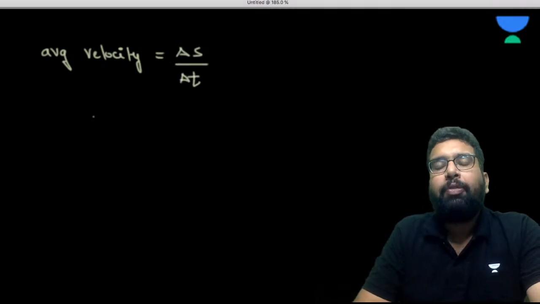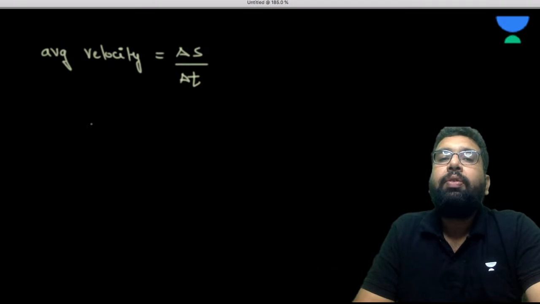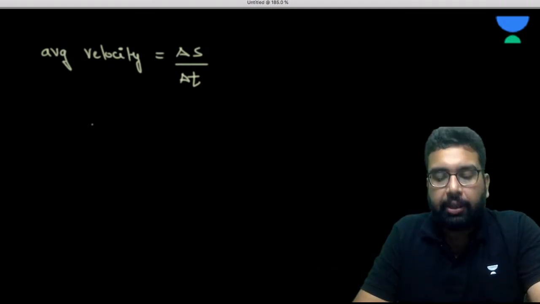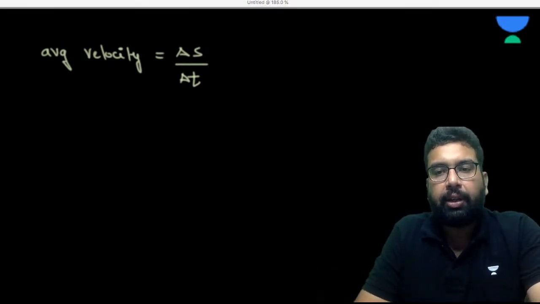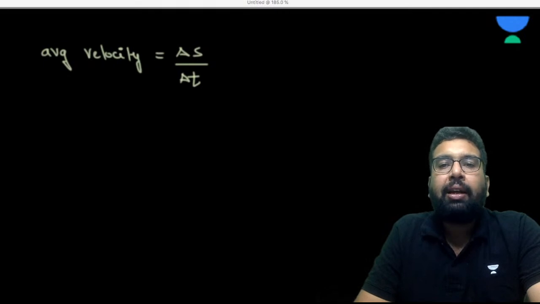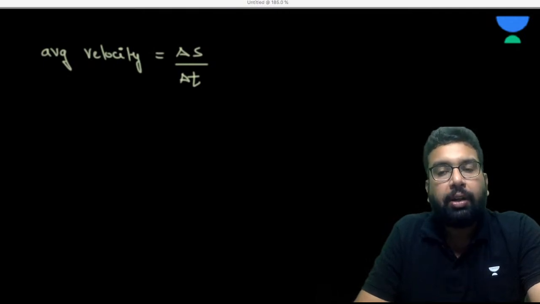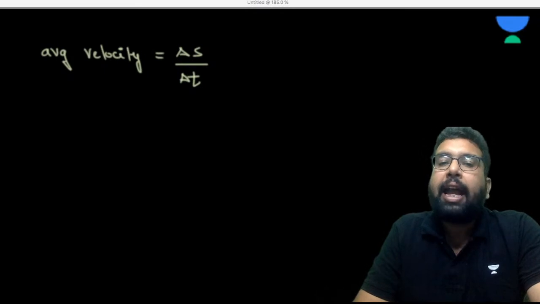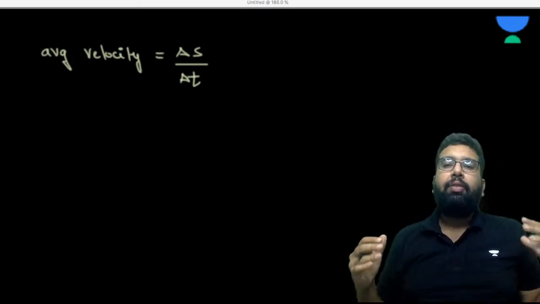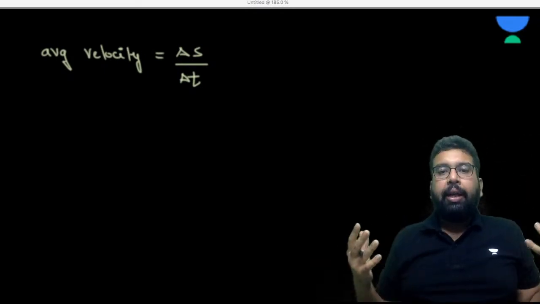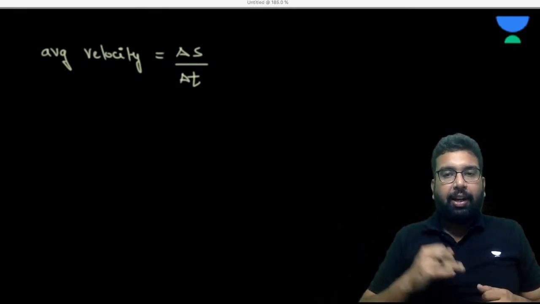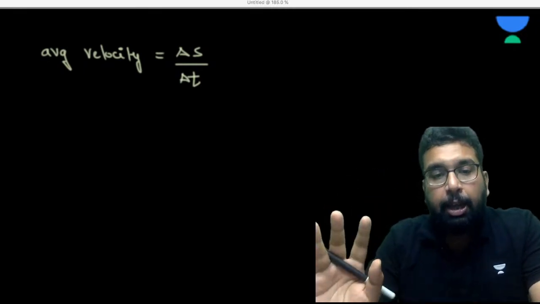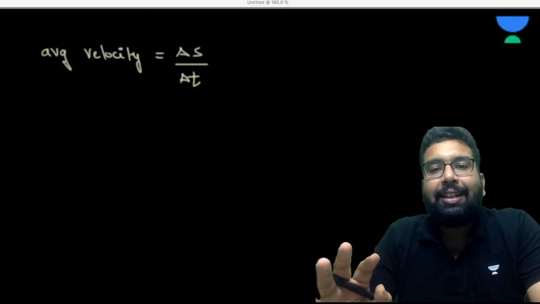But when we were talking about average velocity, this time difference was significant, a finite time difference. So when we are seeing the velocity or speed over a finite time difference, we call it average velocity or average speed. But what about it being instantaneous?